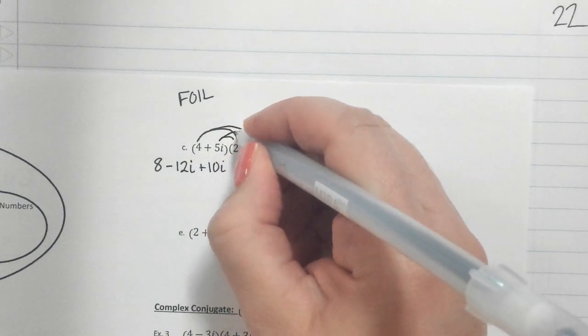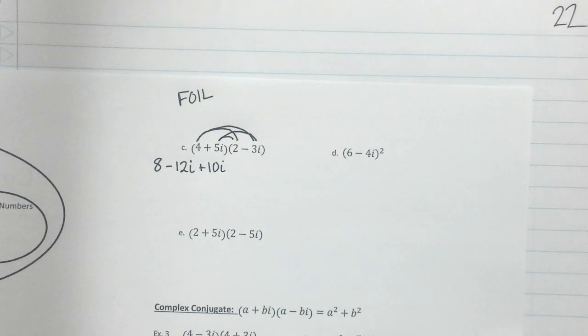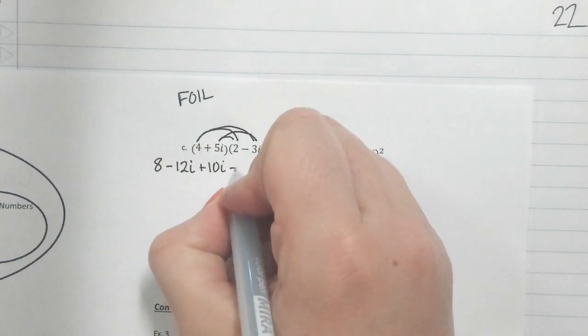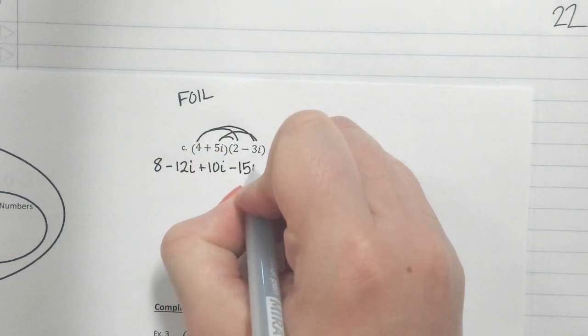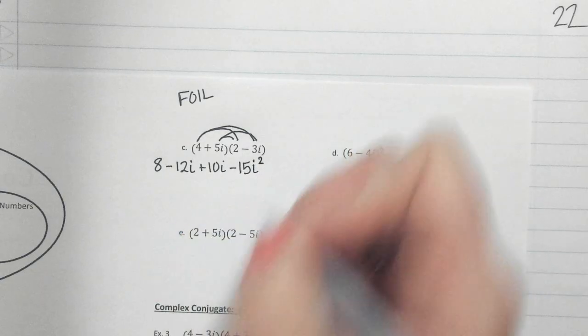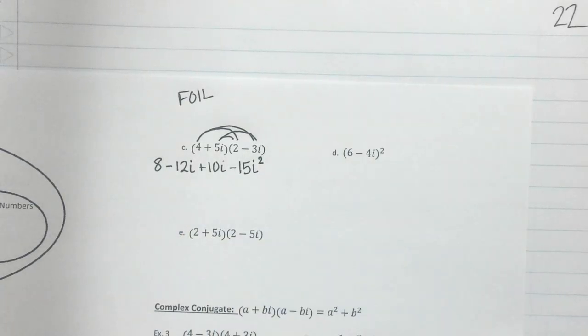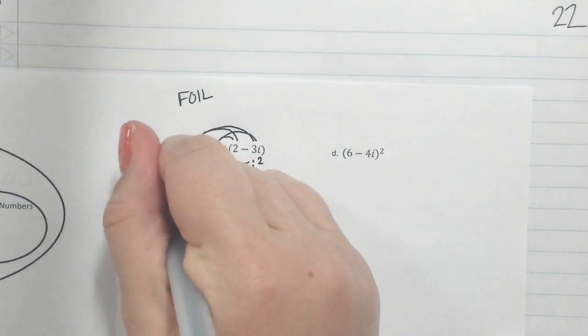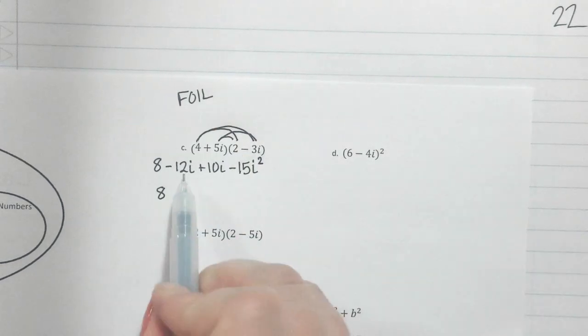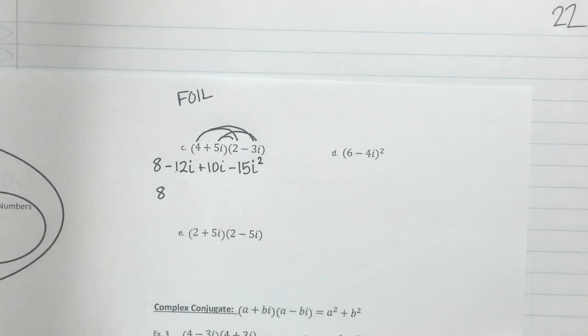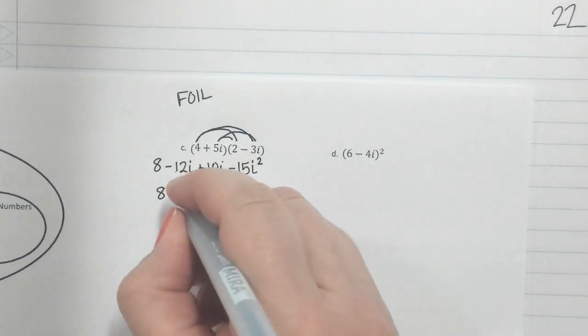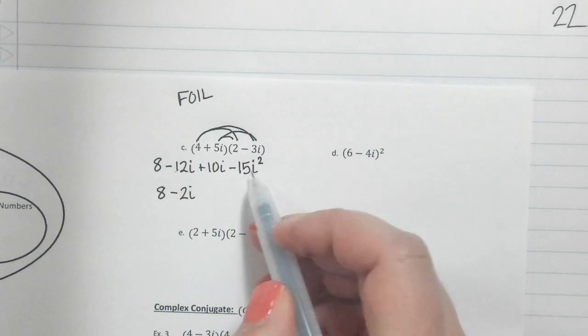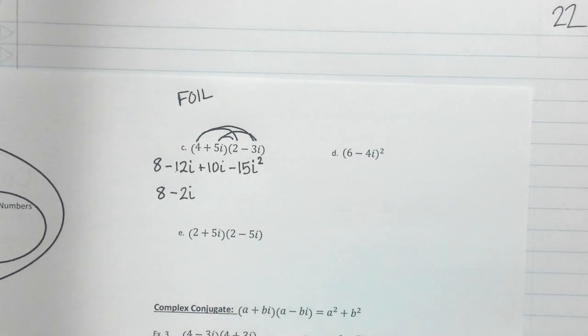And then 5i times negative 3i. Yes, minus 15i squared. Okay. Now you can simplify. So you have 8, combine negative 12i and 10i into minus 2i. Okay, now we got this minus 15i squared.